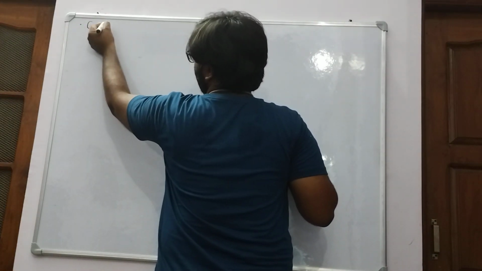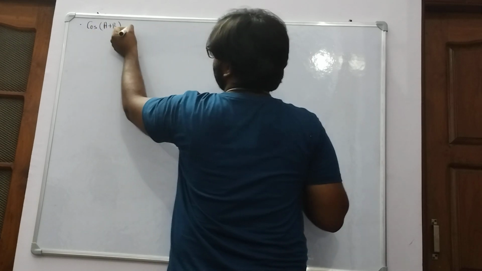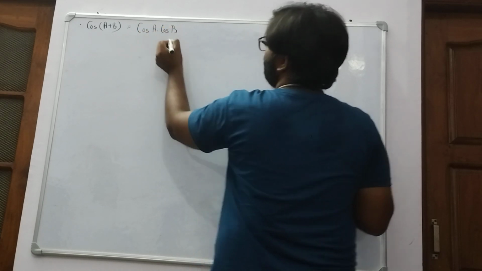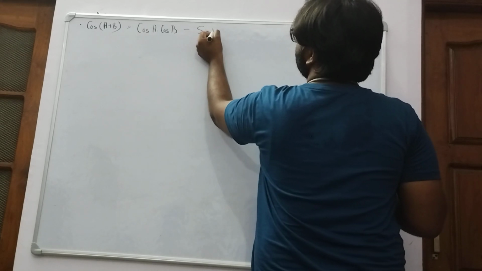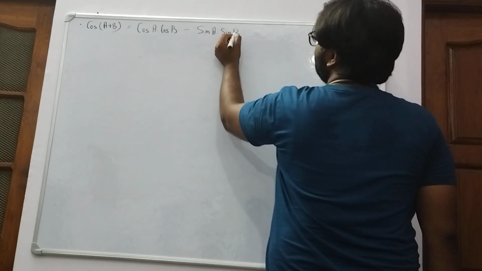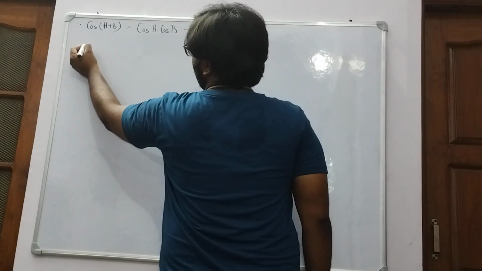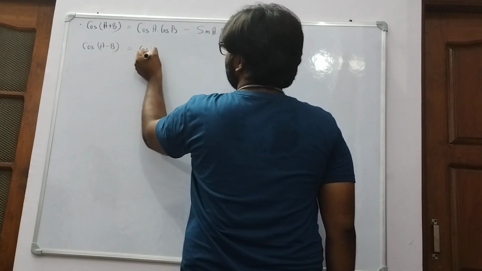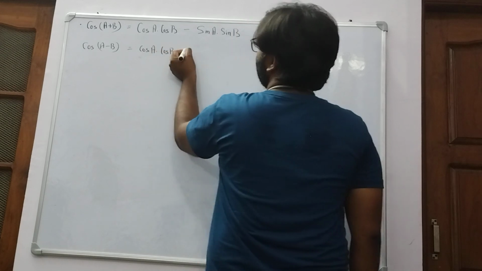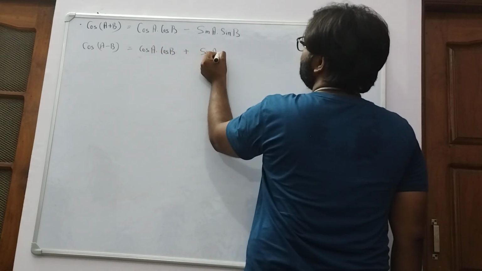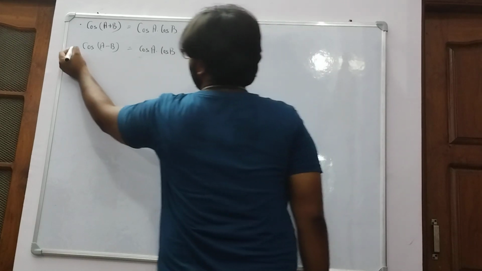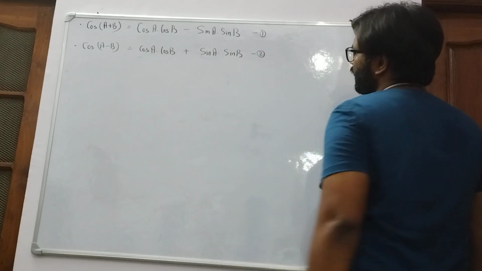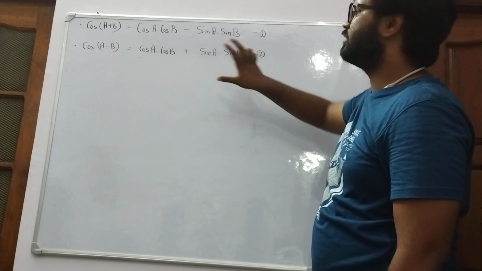Cos of A plus B can be written as cos A cos B minus sin A sin B. And now cos A minus B is equal to cos A cos B plus sin A sin B. So let's say this is equation number 1, this is equation number 2. Again, these two equations are a set of formulas.